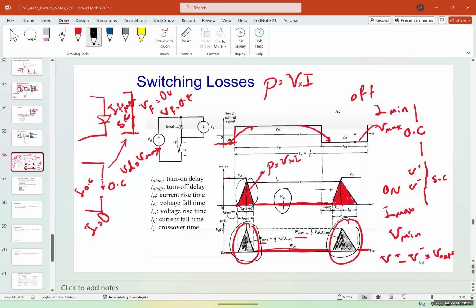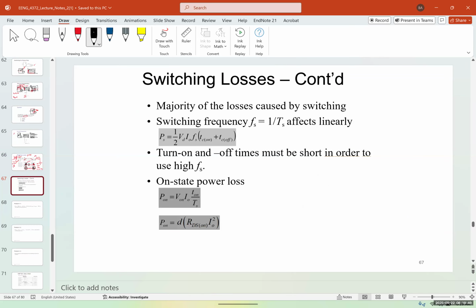So again, the power loss is going to be half of Vd, I out, Fs, Tc on plus Tc off.